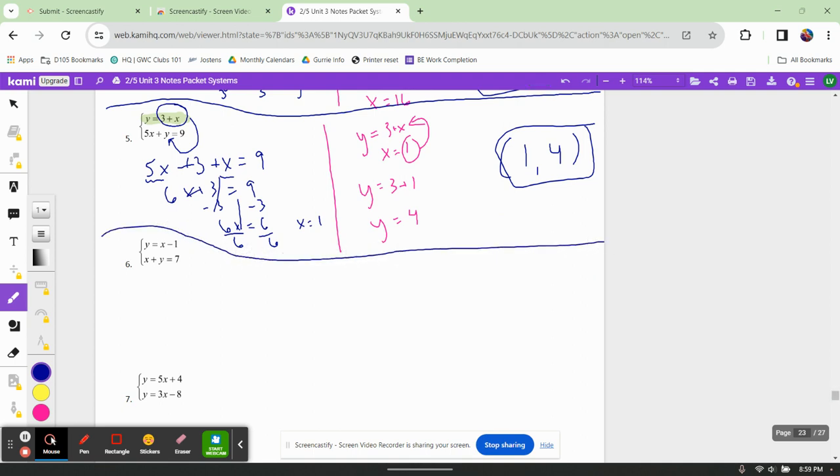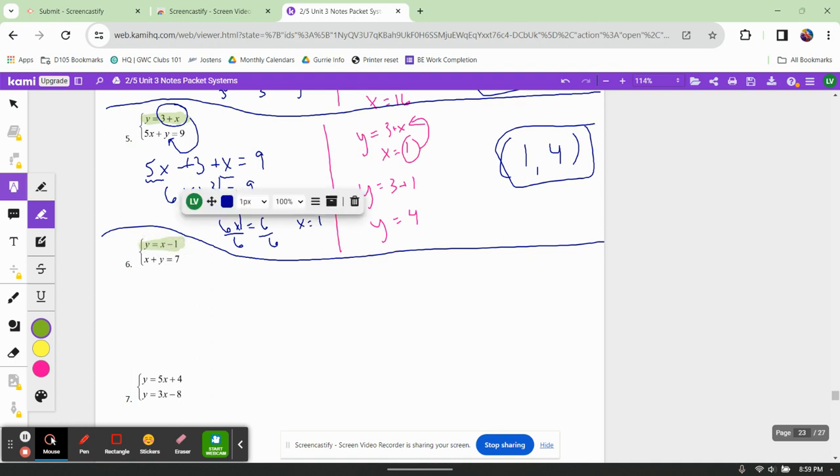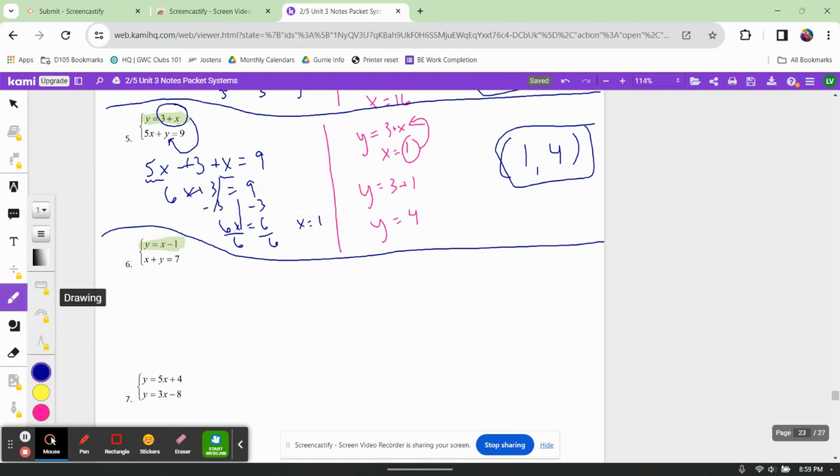All right, let's try number 6. Looking at the two variables, try to determine which one is isolated. Hopefully you highlighted the first equation. y equals x minus 1. So I'm going to take this x minus 1 and plug it in for this y value. x plus x minus 1 equals 7.